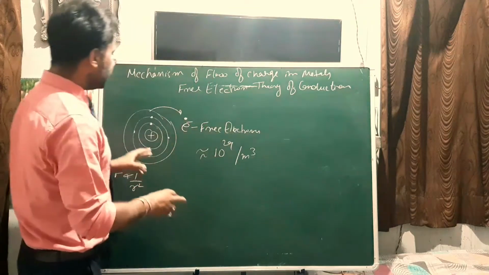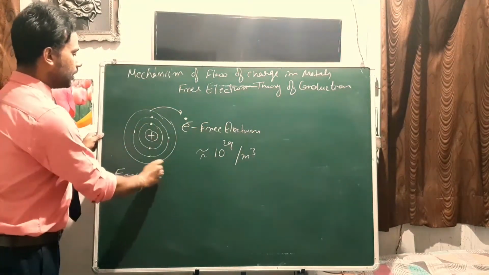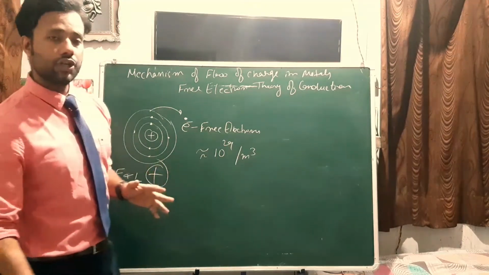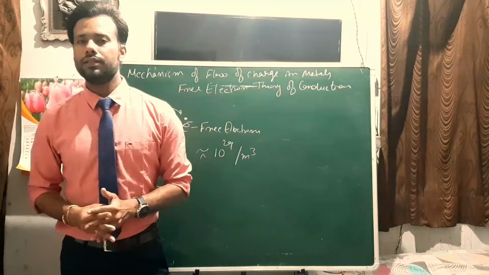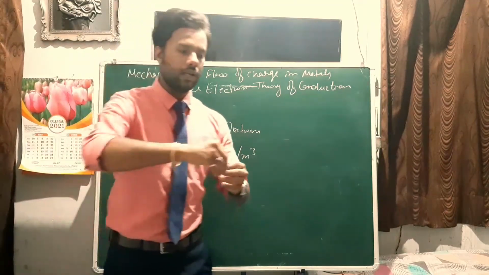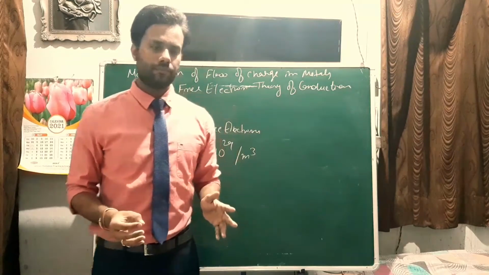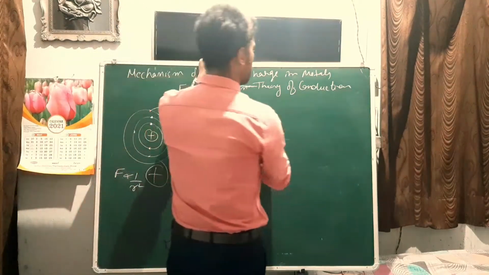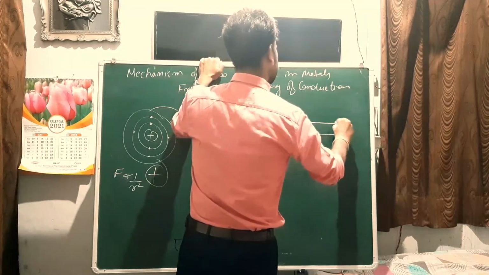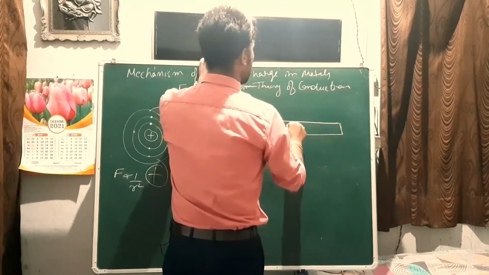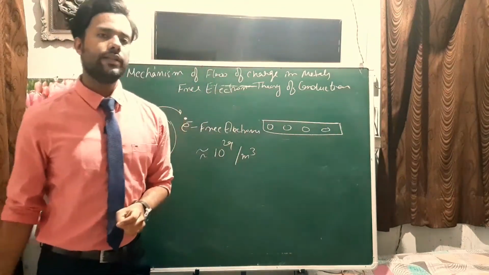So when the electron detaches from the atom, this atom becomes a positive ion, because obviously initially the positive charge and the negative charge on this atom were equal, but now when the electron detaches from the atom, that atom becomes positively charged. These positive ions do not move from their point inside the conductor.